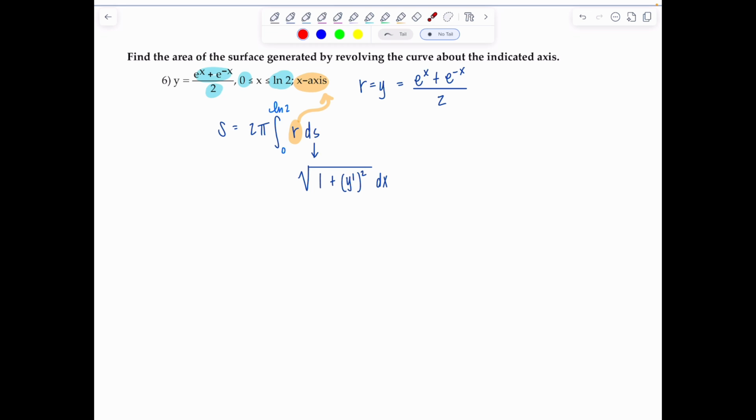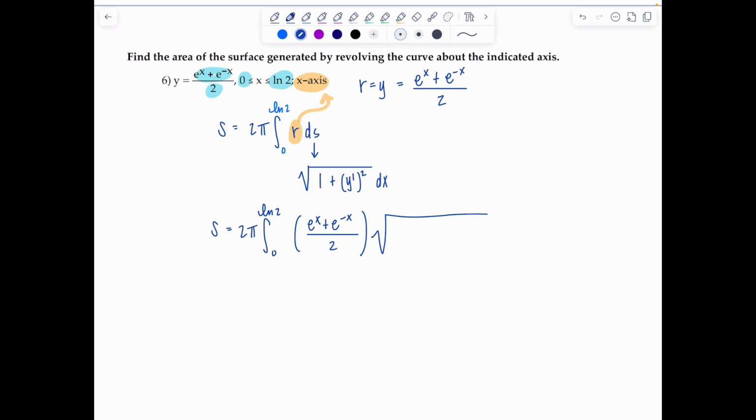Okay, so here we go. That means the surface area is going to be 2 pi times the integral from 0 to ln of 2 of y, e to the x plus e to the negative x over 2, times the square root of 1 plus y prime squared, dx.